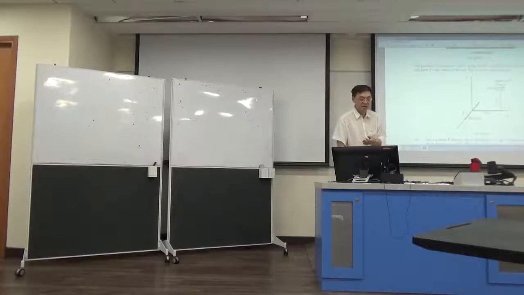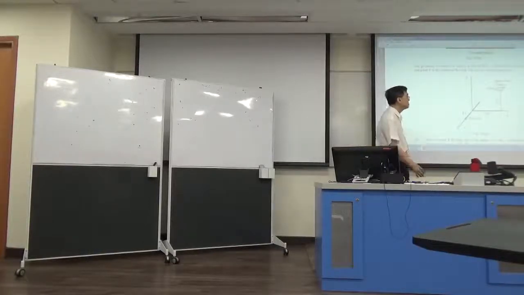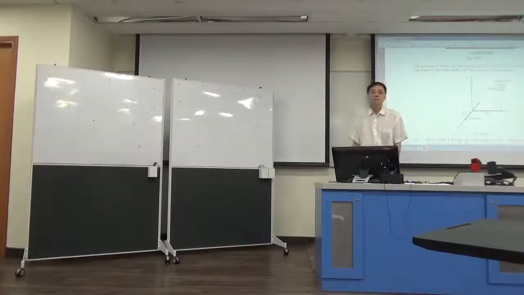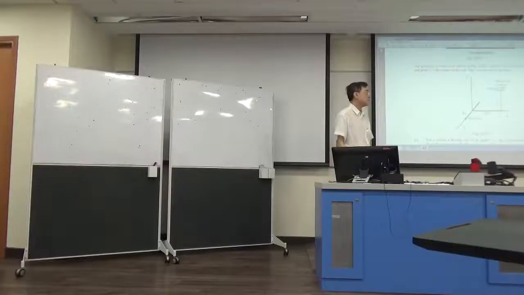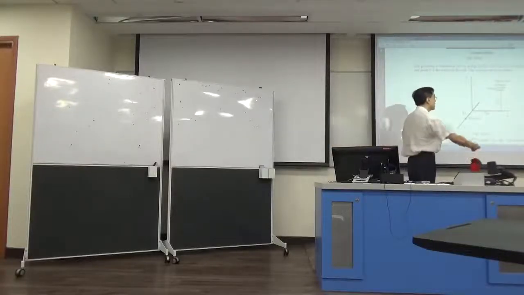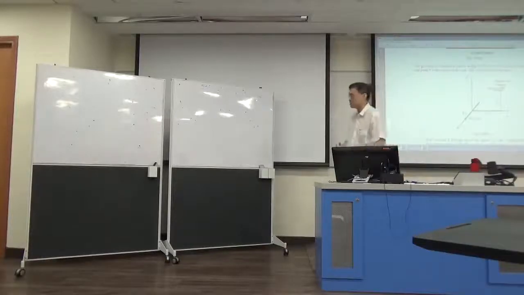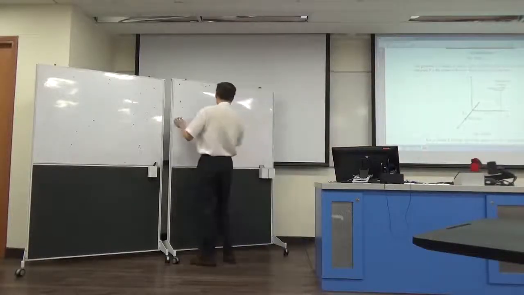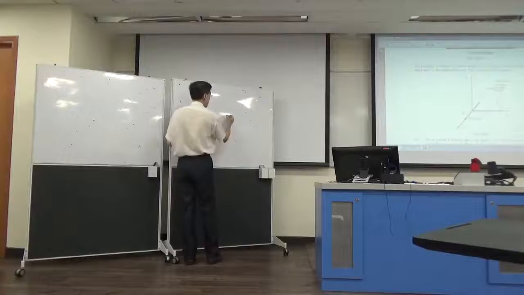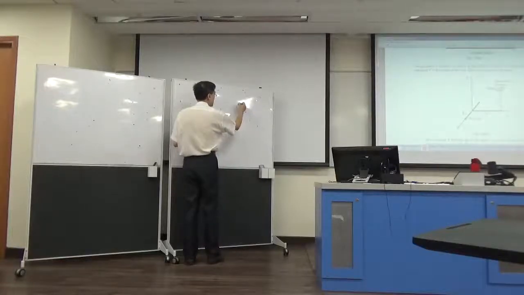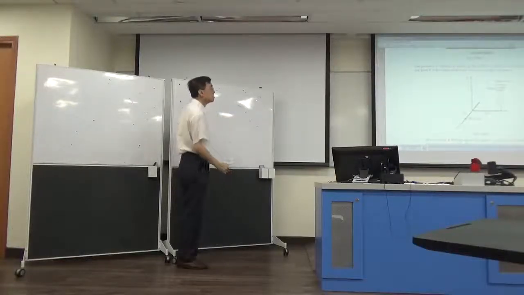Now, Ampere's law, you see one long straight wire with current. This is the center with a current I. The coil is here.